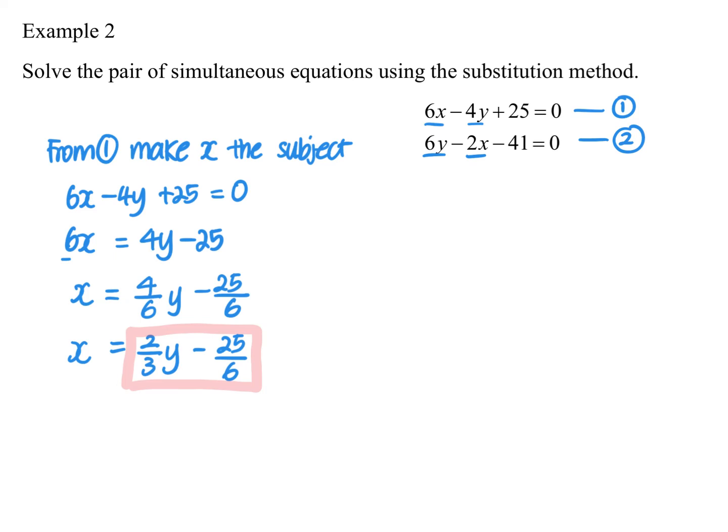So we're going to substitute this x, this subject itself came from equation 1, so therefore I'm going to substitute into equation 2 so as to get the answer. So equation 2 says 6y minus 2 times x minus 41 is equals to 0. Okay, and I'm going to replace it by the whole expression over here.